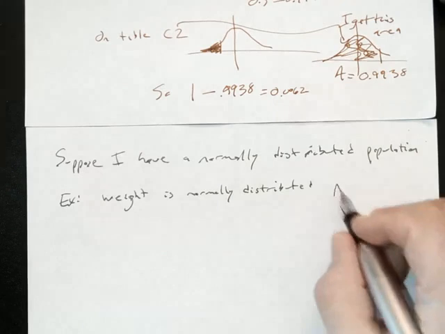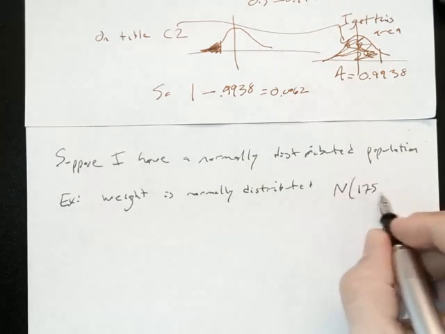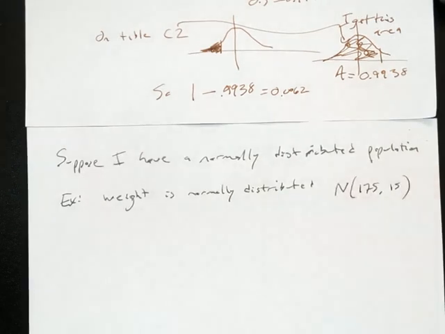Suppose for a 6-foot adult male, weight is distributed normally with a mean of 175 pounds and a standard deviation of 15 pounds. I didn't say anything about health standards, right?